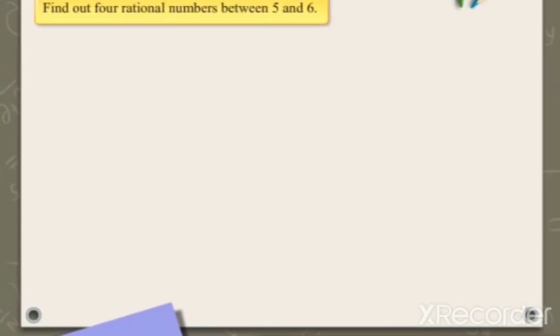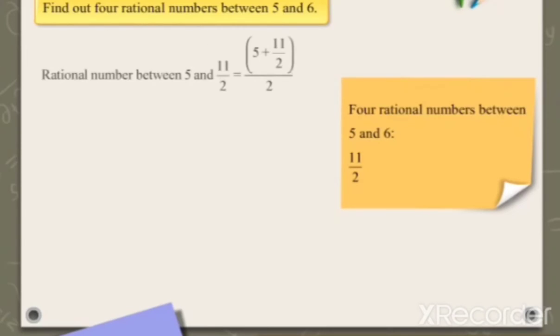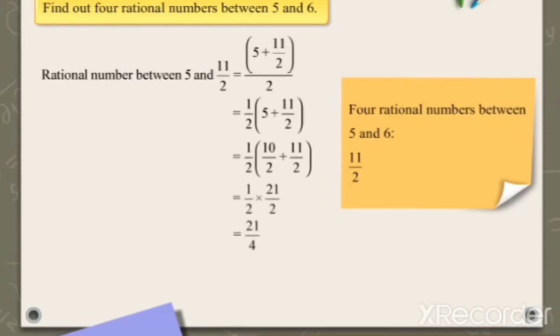Let us solve one more example. To find out the first rational number between 5 and 6, let's find out the average of these two numbers. This is equal to 11 upon 2. Similarly, another rational number between 5 and 11 upon 2 is 21 upon 4.